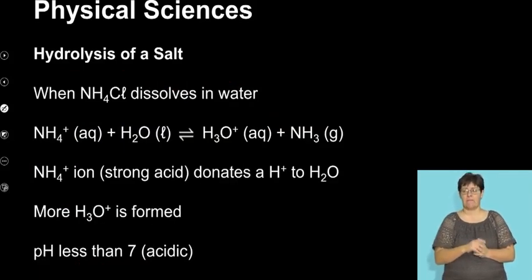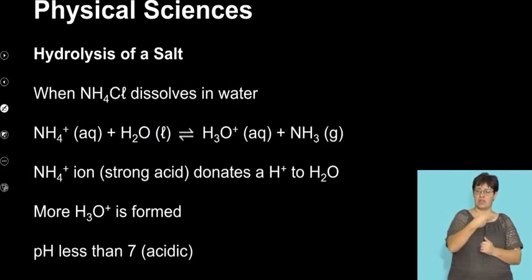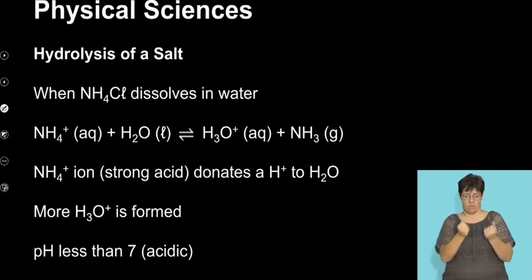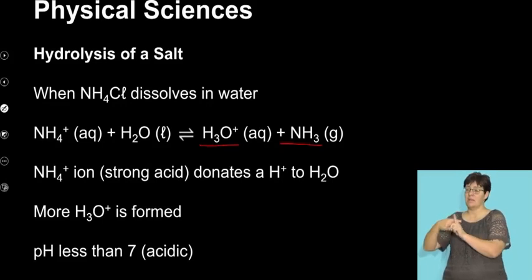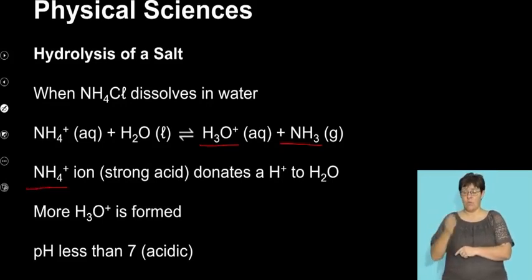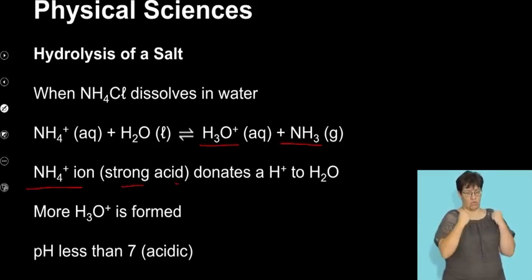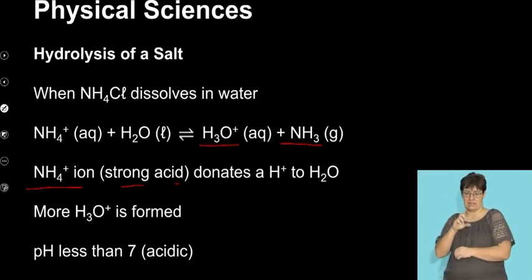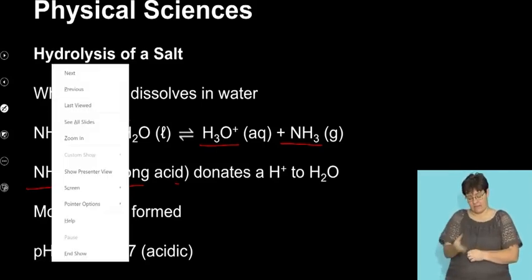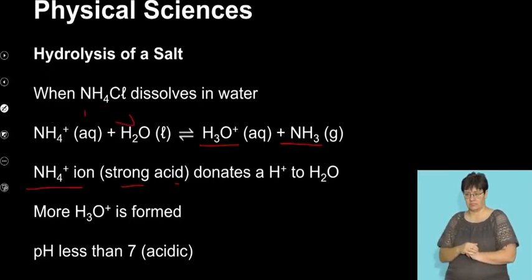Right, so ammonium chloride dissolves in the water. Here we see the reaction. It forms hydronium ions and ammonia, and we know that the ammonium ion is a strong acid because it was coming from a weak base. So your strong acid donates this proton to water. The proton is donated to the water.